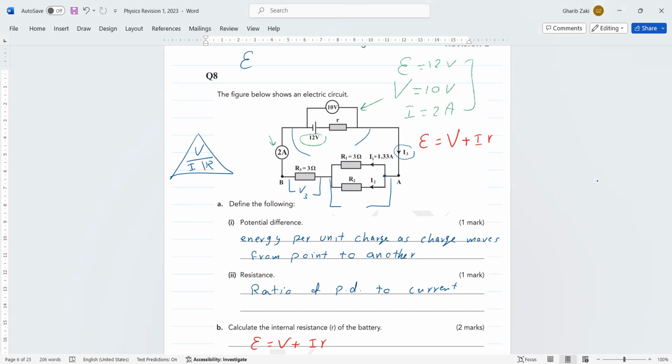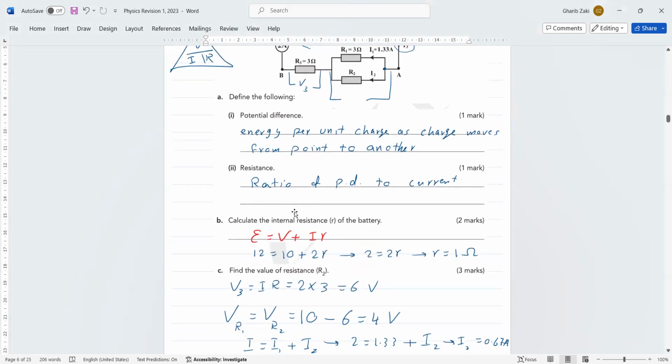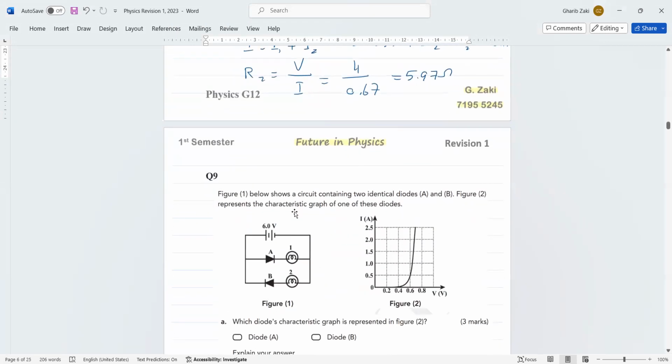But if there is current, EMF is reduced to terminal voltage, because the EMF equals the terminal voltage plus IR, the lost voltage. The terminal voltage that we use in the circuit is 10 volt, not 12. Okay. Now we see the next question.